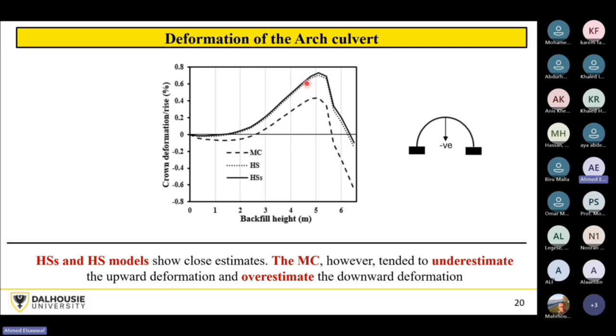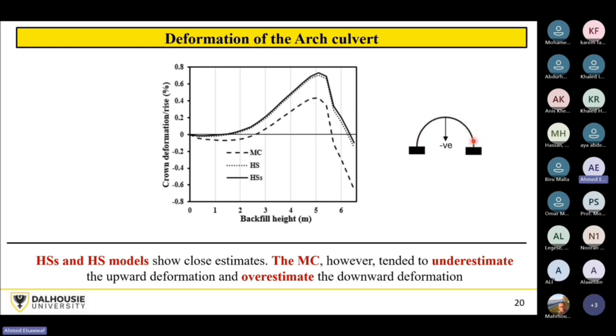As you see here, the HS model and HSS model are typically giving very close estimates. But the Mohr-Coulomb model is affected by the stiffness values assigned to the soil, and by the fact that any strains developed due to the compaction will be reversed again after removing the compaction. So the arch will rebound.